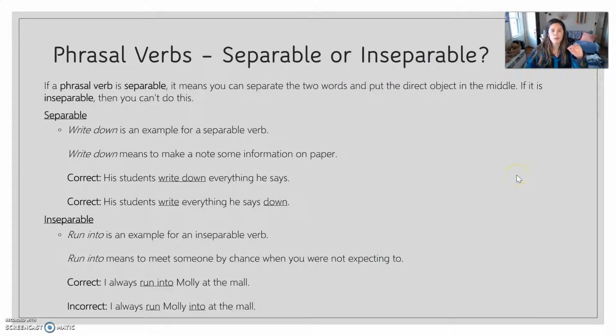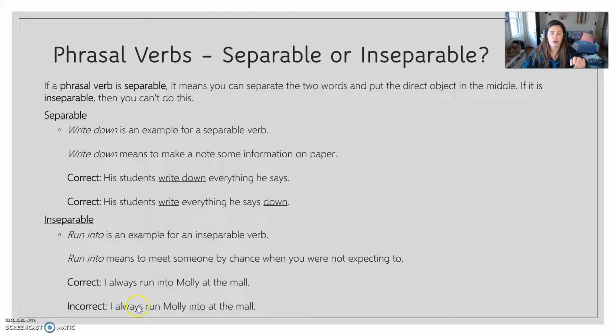So if a phrasal verb is separable, it means that you can separate the two words and put the direct object or the object of that verb in between, right? If it is inseparable, then you cannot separate the preposition or adverb from that verb. It has to be stuck to it all the time, right?